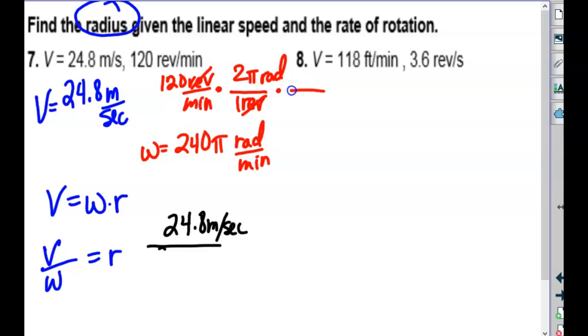So I should have also multiplied this by 1 minute is 60 seconds. So if I divide this by 60, I get 4 pi.